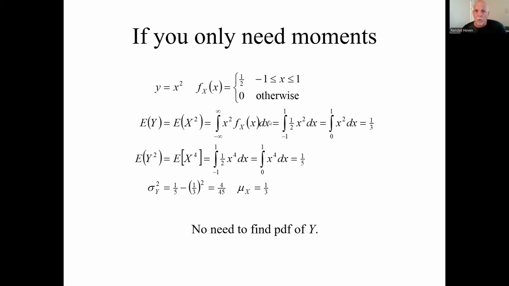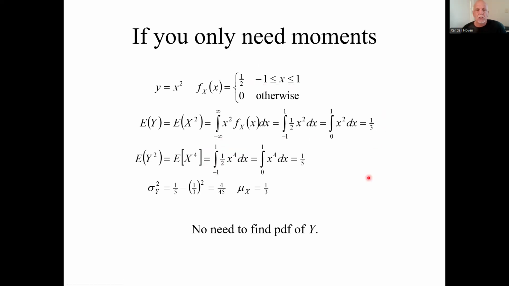Now you just do it the normal way. It's the function x squared integrated with the PDF over all x. So in this case, you put that integral. And for y squared, that now means x to the fourth, which will mean, where's the 1/2 component? That's the PDF. Here's the PDF, 1/2, times a function of x to the fourth, and it goes from -1 to 1.